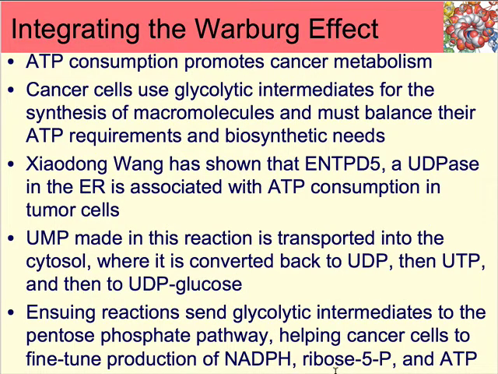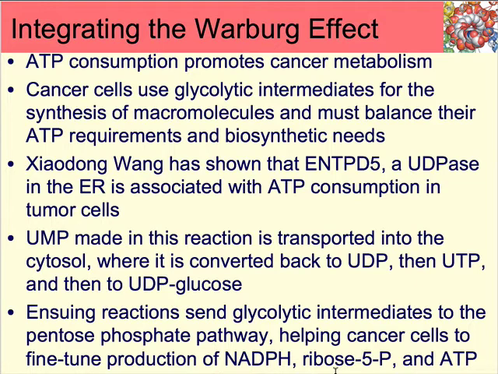There's an interesting description in your book about the integration of the Warburg effect. ATP consumption promotes cancer metabolism, the original postulate by Warburg. Cancer cells use glycolytic intermediates for the synthesis of macromolecules, and they must balance their ATP requirements and their biosynthetic needs. Xiaodong Wang has shown that NTPD5, which is a UDPase in the endoplasmic reticulum, is associated with ATP consumption in tumor cells.